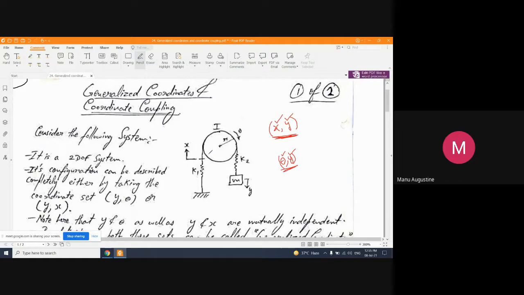This is the concept. So now we get the answer to the question why the term generalized in the phrase generalized coordinates. Because generalized coordinates, as we call them, can be as many as possible depending on the system. In this system, we could easily identify two sets of generalized coordinates, or two sets of coordinates which do the same job of entirely giving you the configuration of the system.